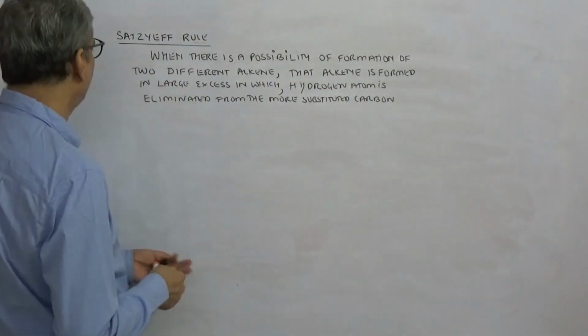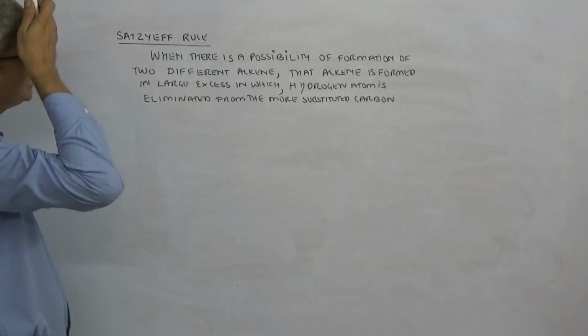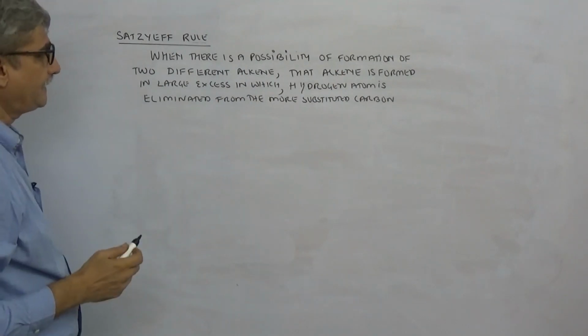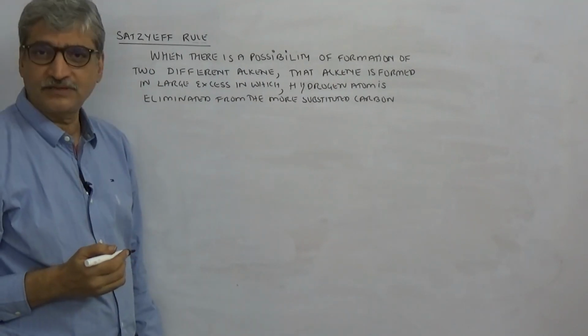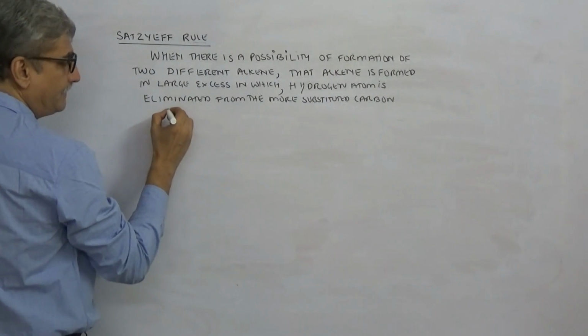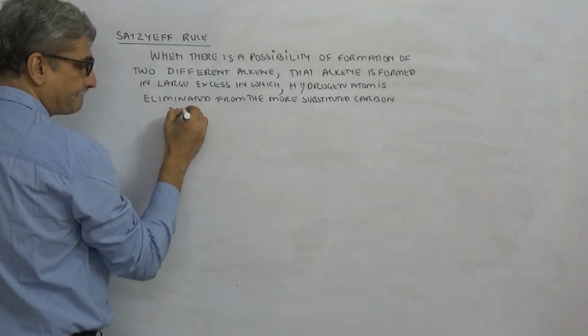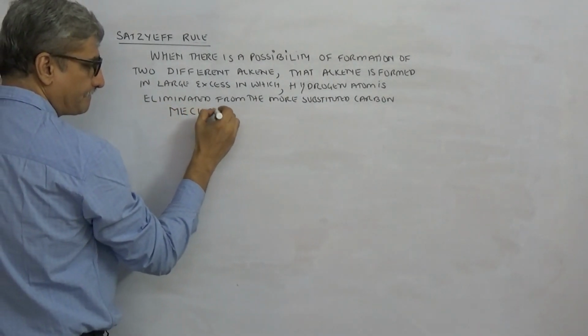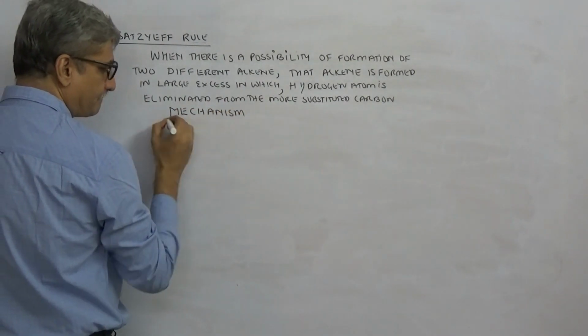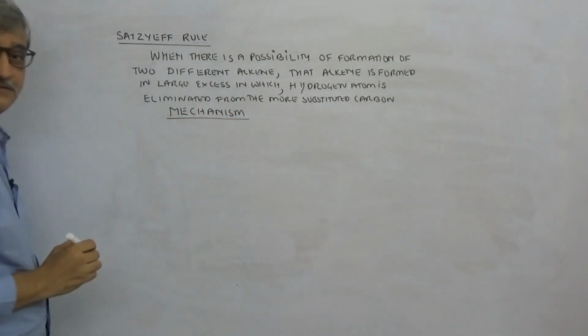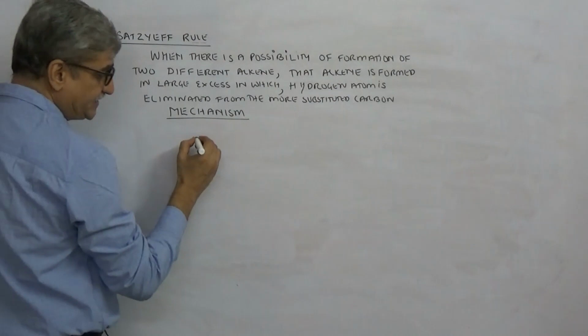So what happens over here, listen carefully, is that it eliminates from the more substituted carbon. Now the mechanism. We take sec-butyl alcohol.